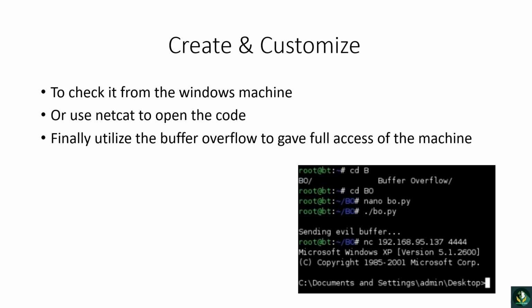If it works, it's fine. You can just check from the Windows machine, so you can use netcat and try to connect to it. So as you can see in this picture, it created the payload that I sent, and it utilized the buffer overflow to give full access to the machine.